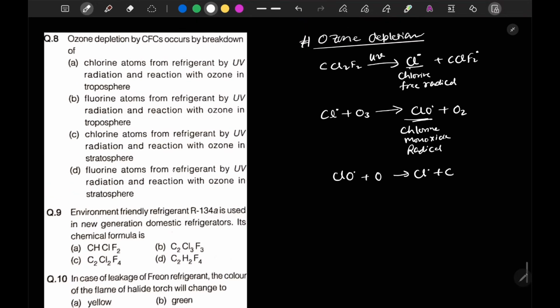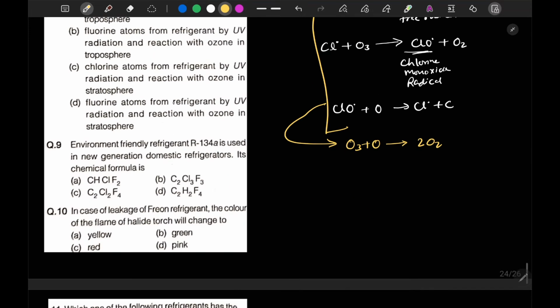Okay, now if we combine all these three equations, we will get the net equation as O3 plus O gives 2O2. So from here we can see that this indicates destruction of ozone.